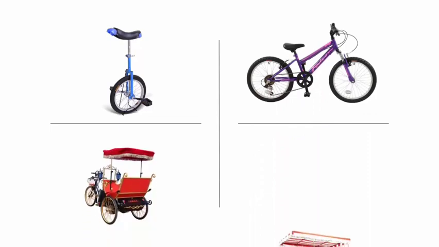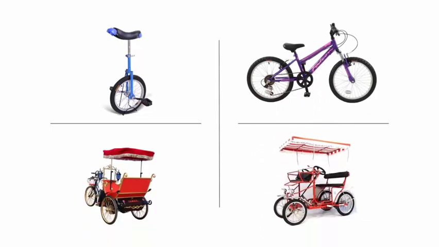Kavita arranged her toys in an order. Shall we guess it? According to the number of wheels, Kavita arranged her toys in an order.